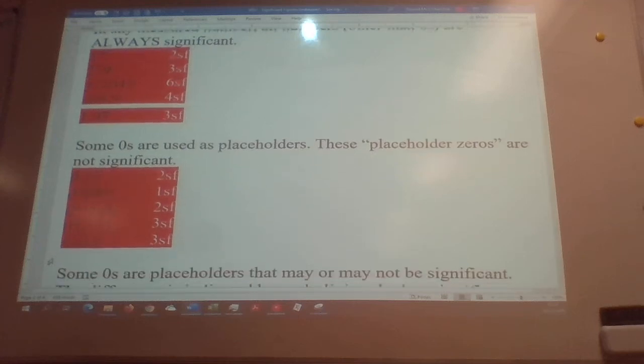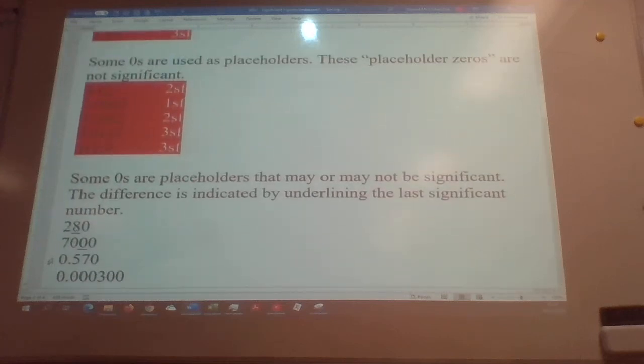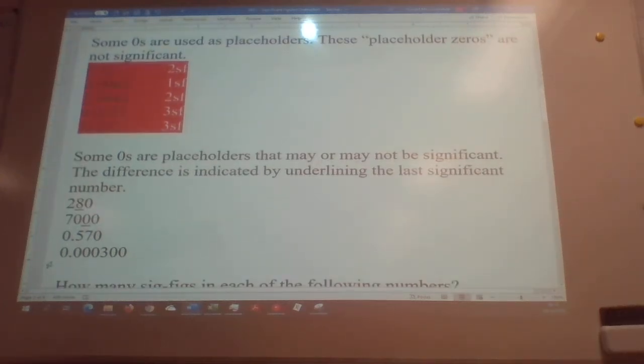Next, let's talk about the placeholder zeros that may or may not be significant. Sometimes a placeholder zero is actually a sig-fig. Now, the same rule still applies here. Leading zeros are never going to be significant. It's trailing zeros that are sometimes significant. So in this number, these 4 are leading zeros.